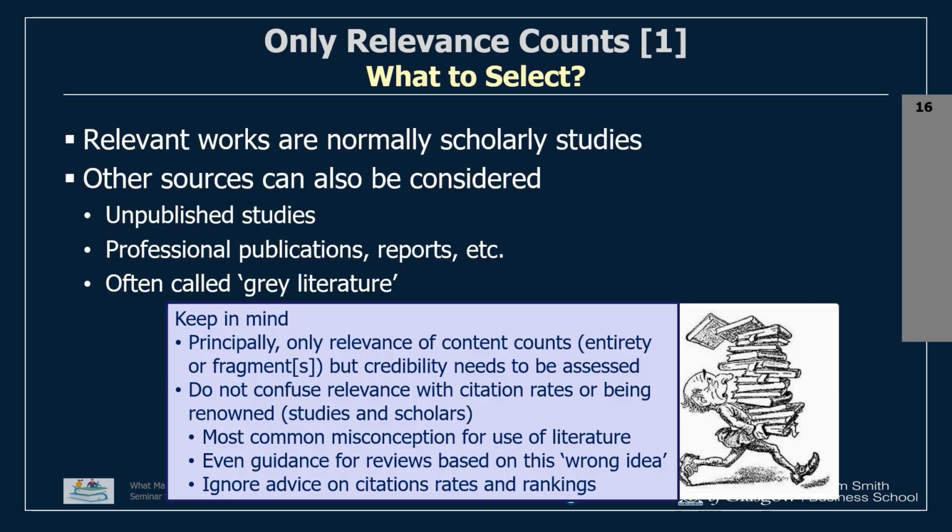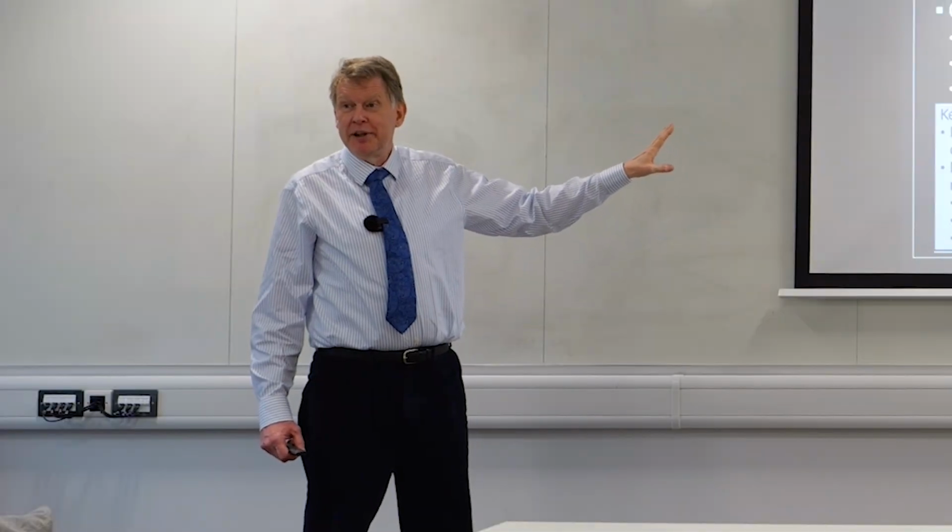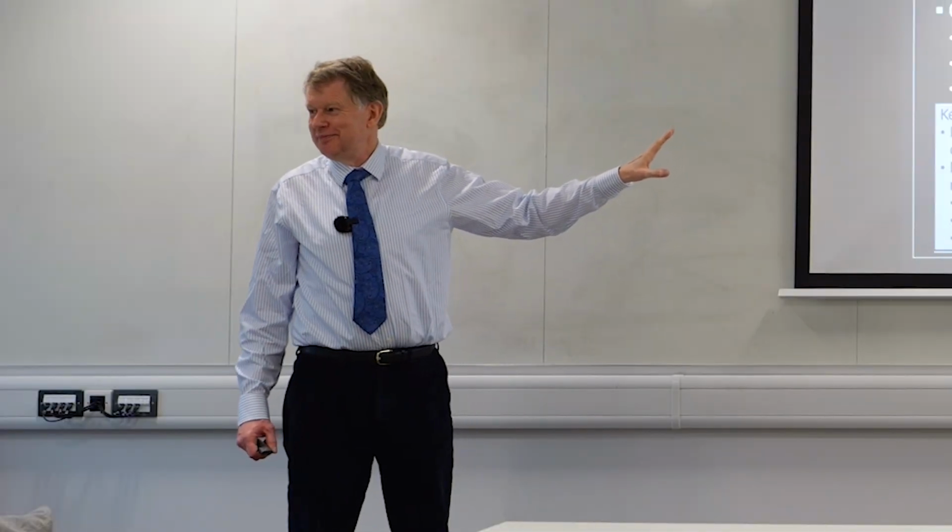Citation rates and being renowned, the authors being known, does not count. It's the opposite. If you look at journal publications, often it is not written what the title of the person is, because in academia, in principle, everybody is equal.